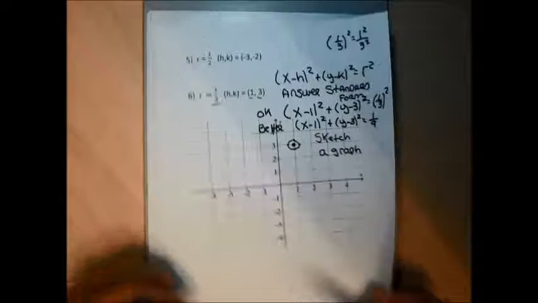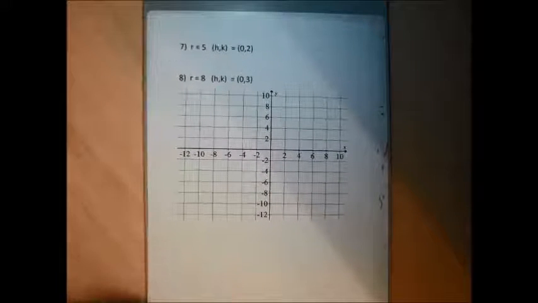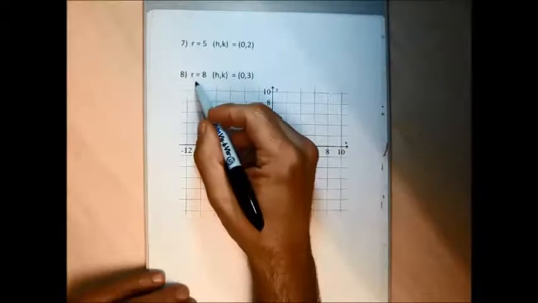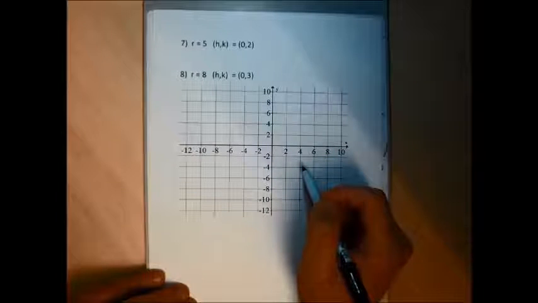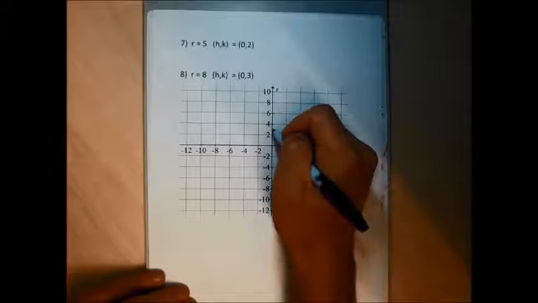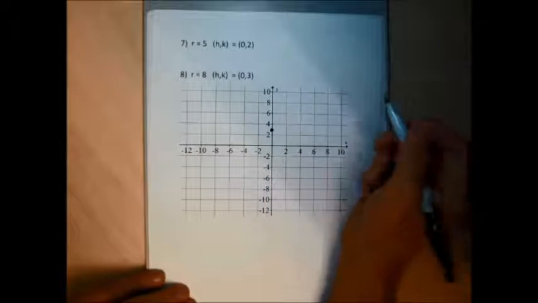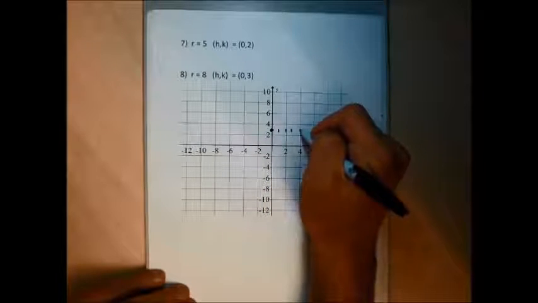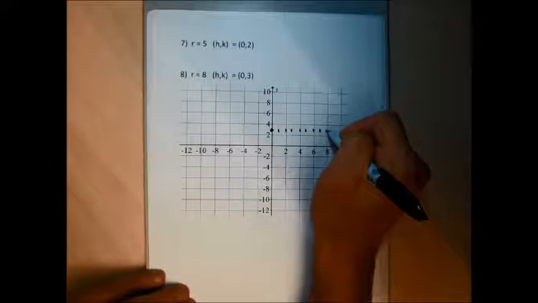All right, one more problem each in these groupings. Have at it here. So my radius is 8, and I start with the point (0, 3). So I'm going to plot the point (0, 3). And then I'm going to go right 8, the radius, 1, 2, 3, 4, 5, 6, 7, 8.